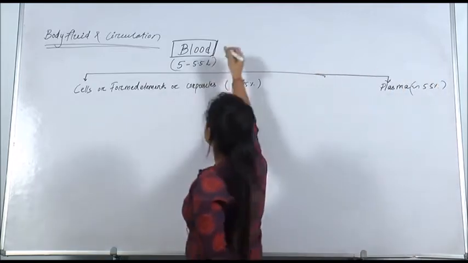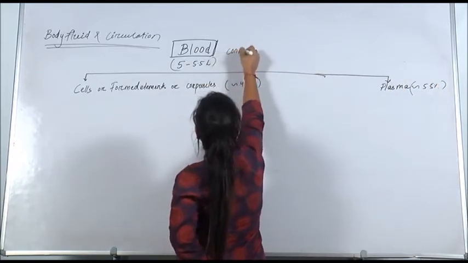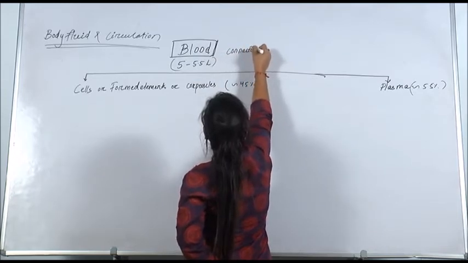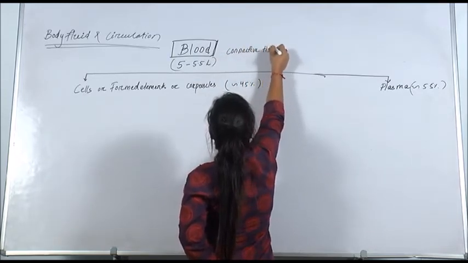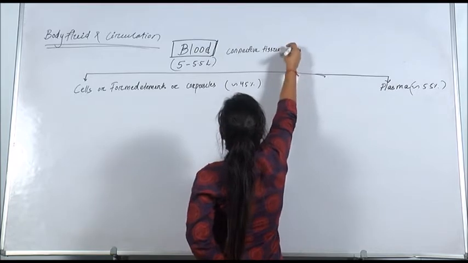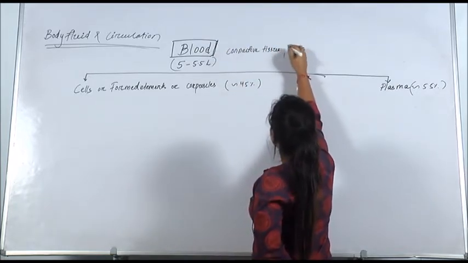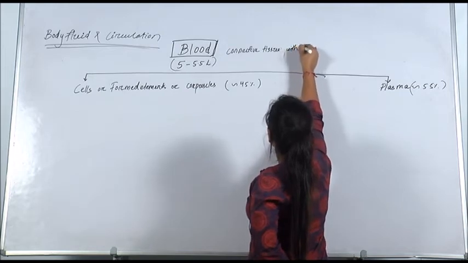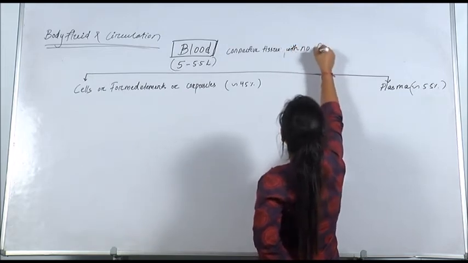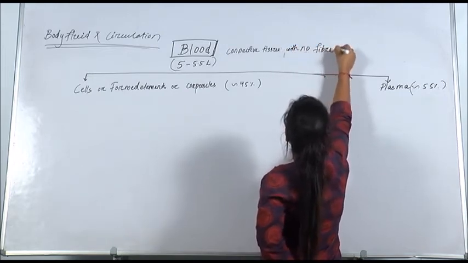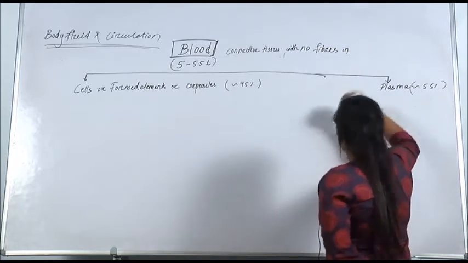So this blood is nothing but a connective tissue with no fibers in the matrix.